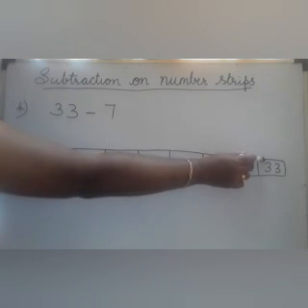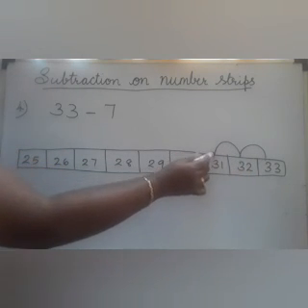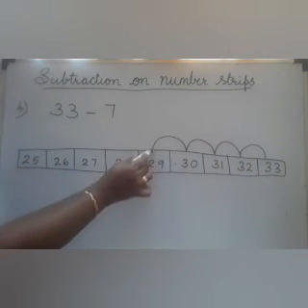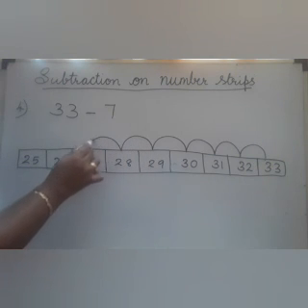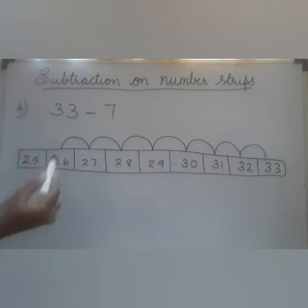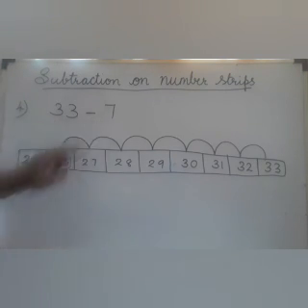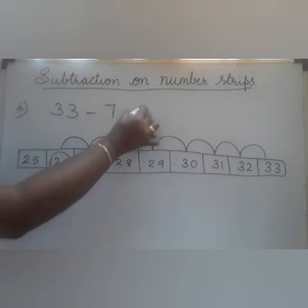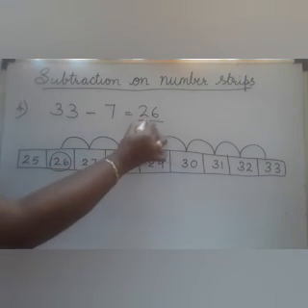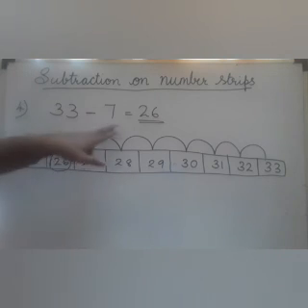From 33, 1, 2, 3, 4, 5, 6, 7. Dear kids, tell where we are now. We are at 26. So we can say that 33 minus 7 equals 26.